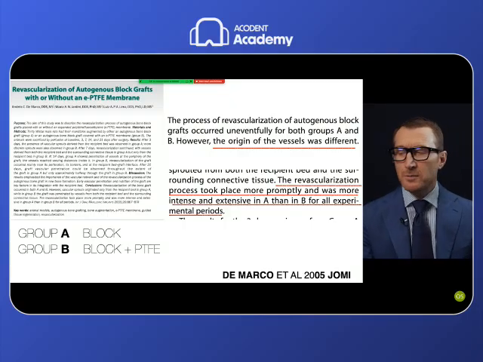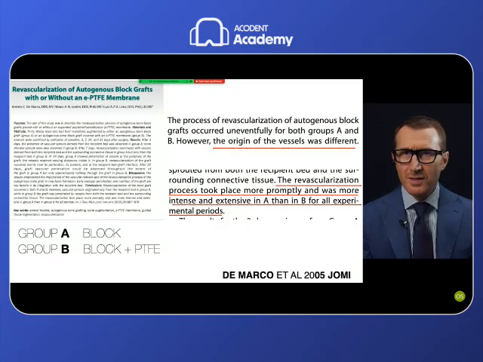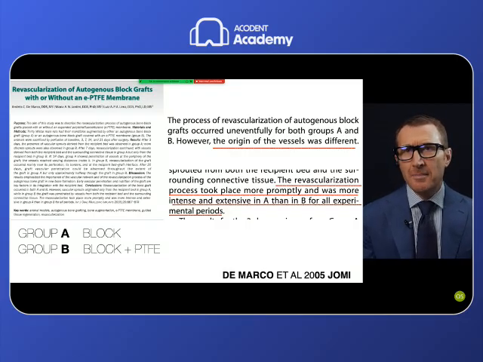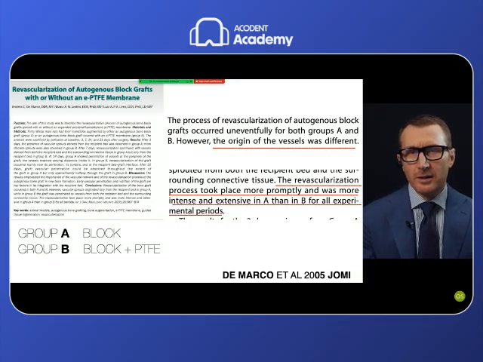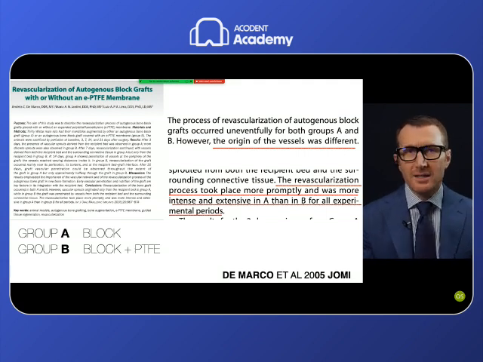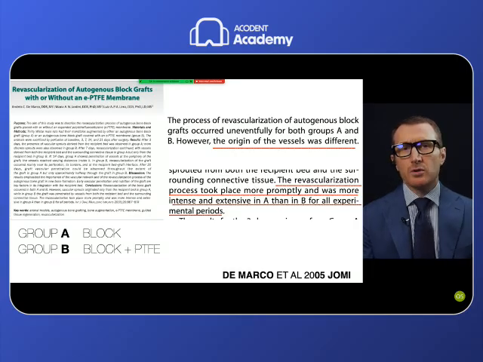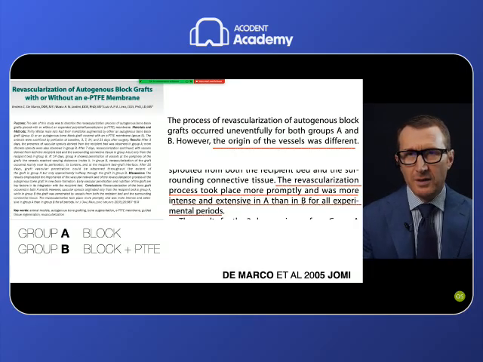And this paper is going to explain to us that if you are placing a membrane, you are changing the way the vascular support will happen. In this study, a block was placed without a PTFE membrane, and a block was placed protected by a PTFE membrane.